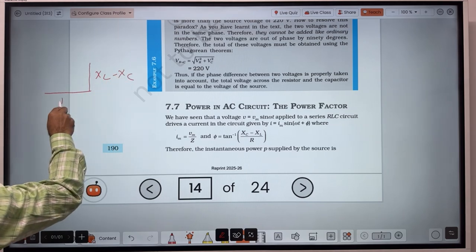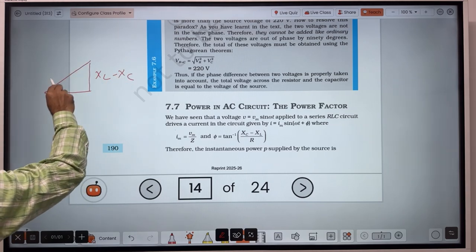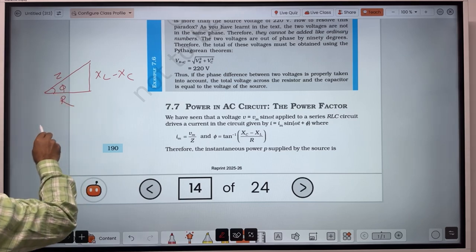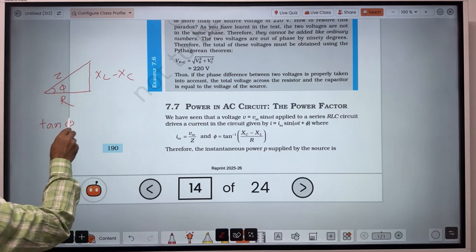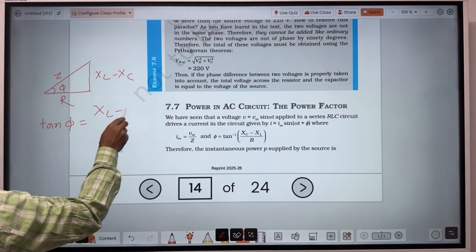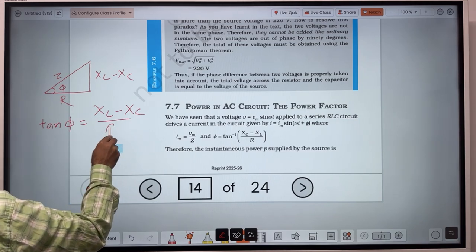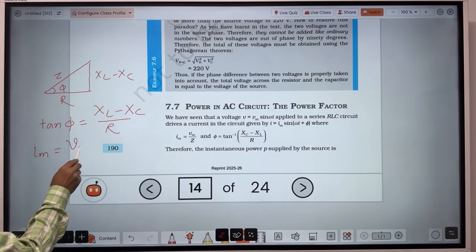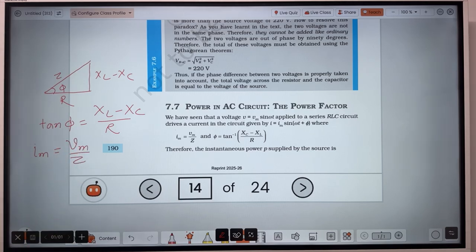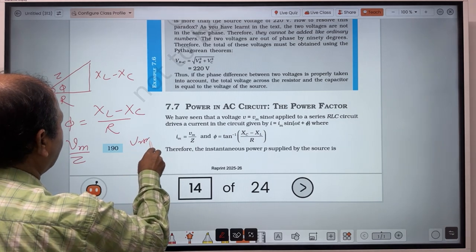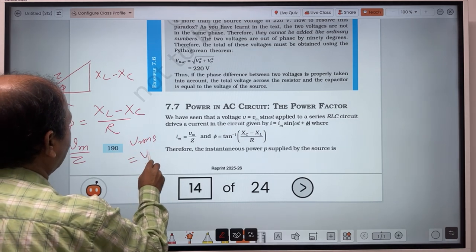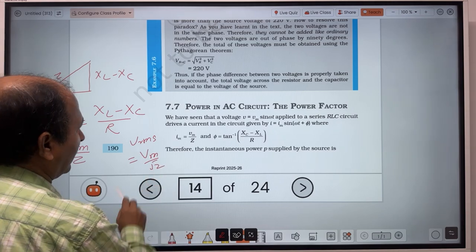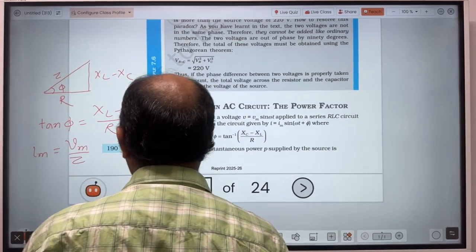This is XL minus XC, this is R, this is Z, this angle is phi, so tan phi will be XL minus XC divided by R. And we can also find current, maximum current Im will be Vm divided by Z. This is maximum voltage, but you know Vrms, how it is related with Vm. So it will be Vm divided by root 2, that we have already studied.